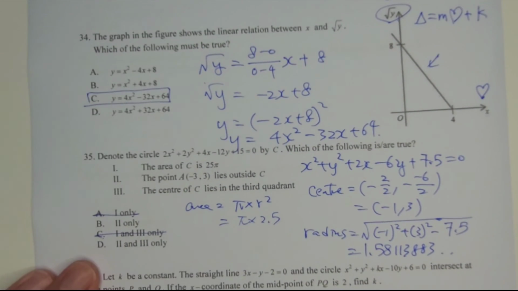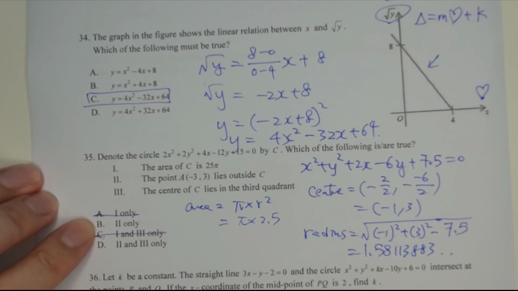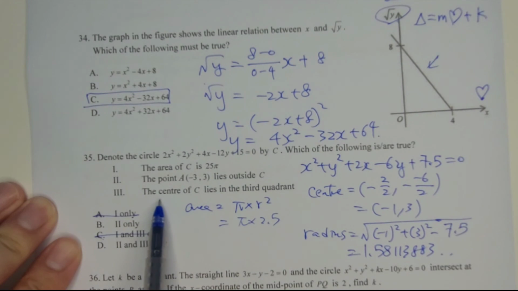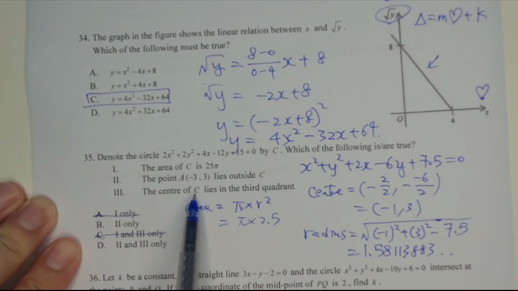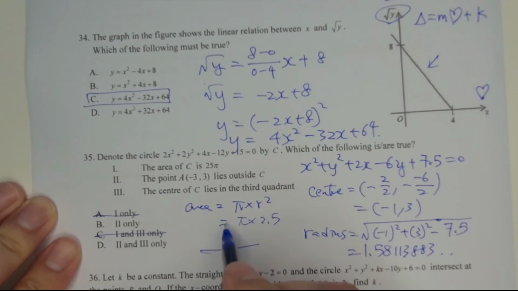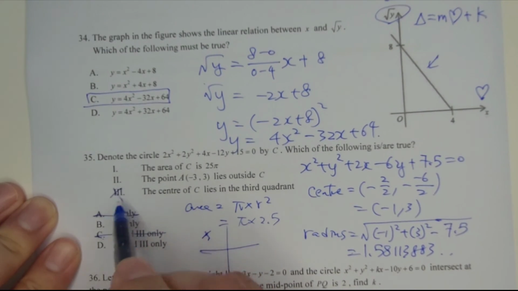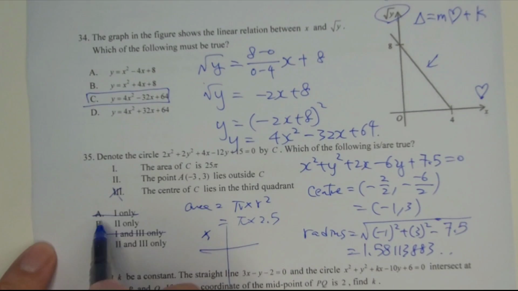Okay, and that just leaves B and D, and you can see that 2 must be in the option, so we do not need to check statement 2, just check statement 3. Center of C lies on the third quadrant? Negative 1, 3, that is in the second quadrant, not the third quadrant, so statement 3 is not correct, and the final answer is B.